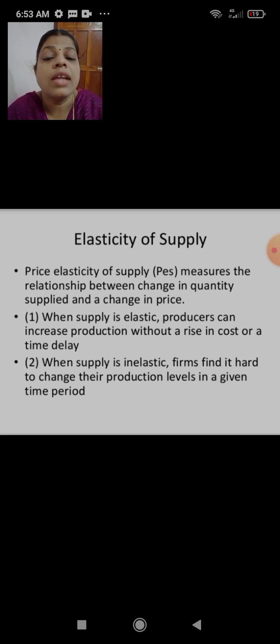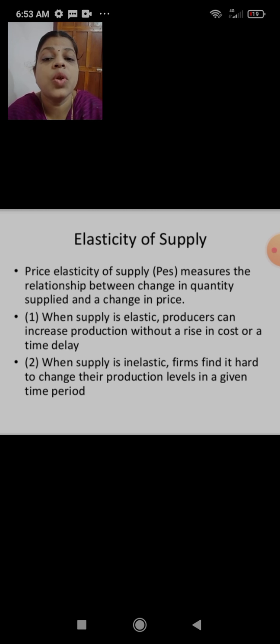If I can increase my supply, I can increase my production and supply my products in the market without any increase in cost or time delay. But if I cannot increase my supply, it will be very tough to increase my production levels in a given time period. So children, this is what supply and elasticity of supply mean.